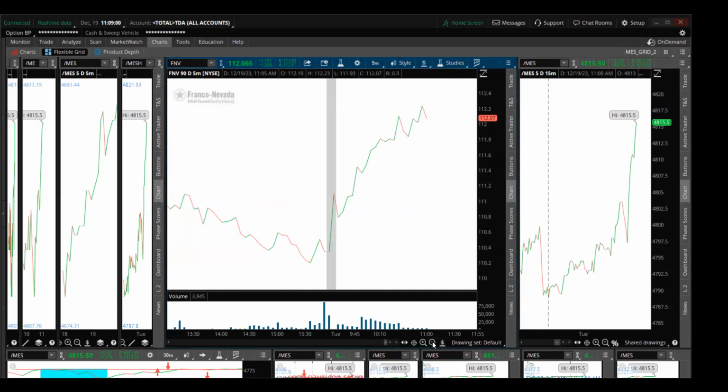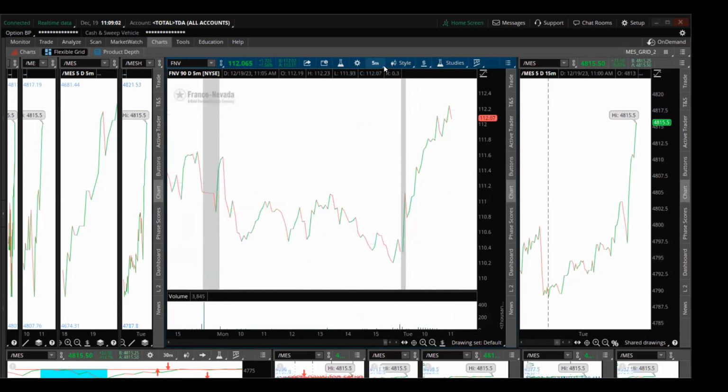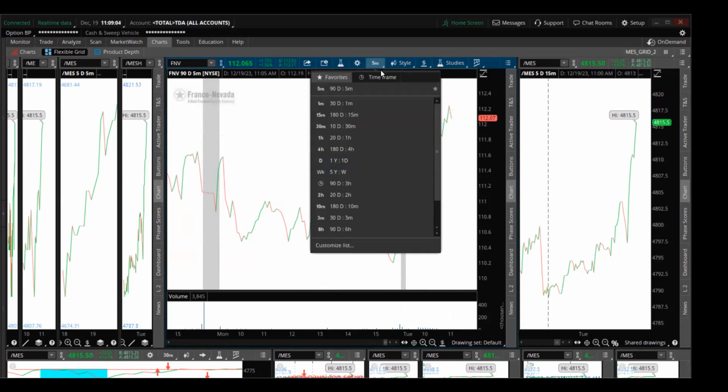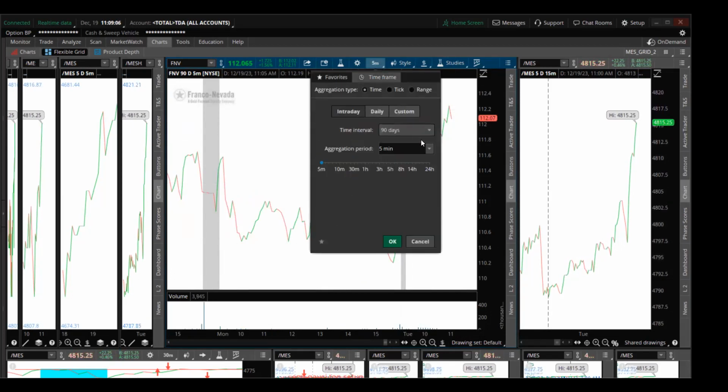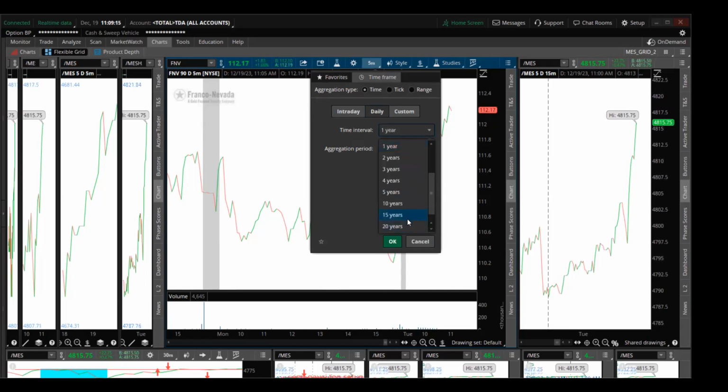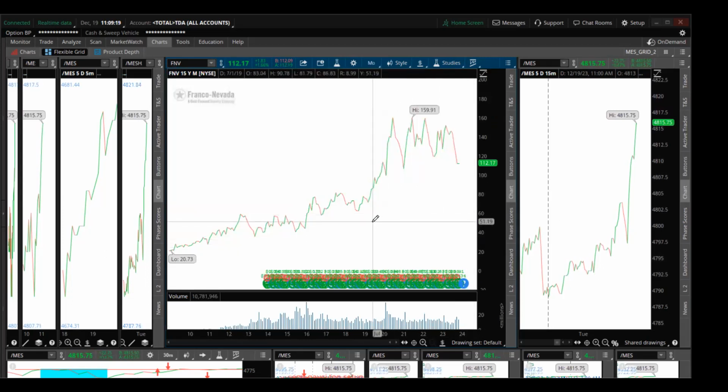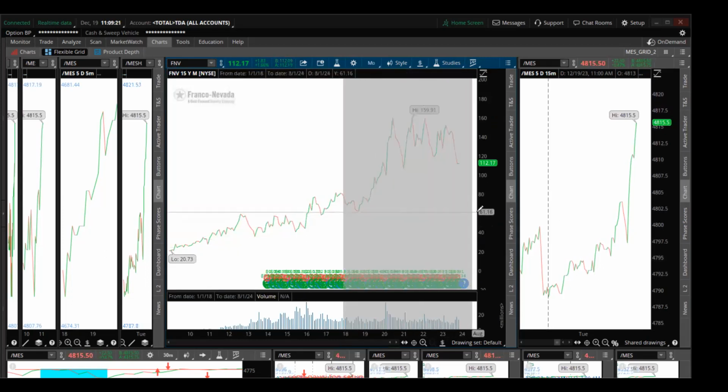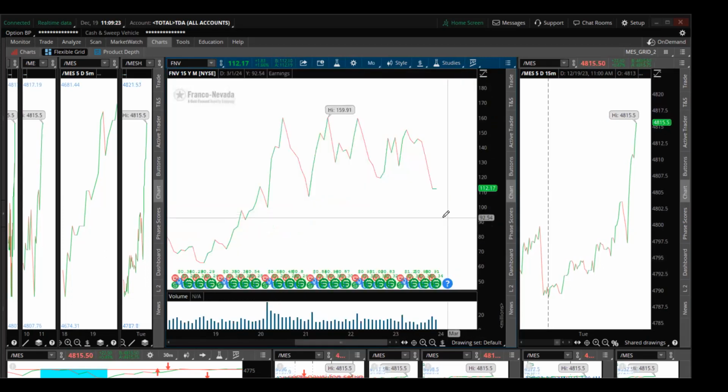Can you try a monthly? Oh, yeah, it's a possibility. I do this too. I go on a monthly, and you can go back like 15 years, and you can find something generally. Nothing really clear there on a monthly. That's a tough one.